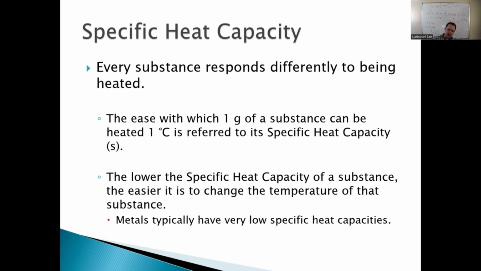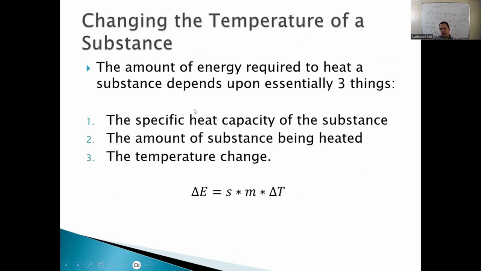So this is what specific heat capacity tells you. Specific heat capacity tells you how easy or hard it is to raise the temperature of 1 gram of a substance 1 degree Celsius. Metals tend to have low specific heat capacities, and other substances tend to have higher specific heat capacities. We abbreviate specific heat capacity with a letter C, and it usually has really weird units of joules per gram times degrees Celsius.